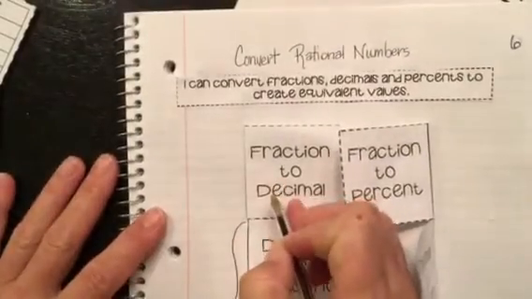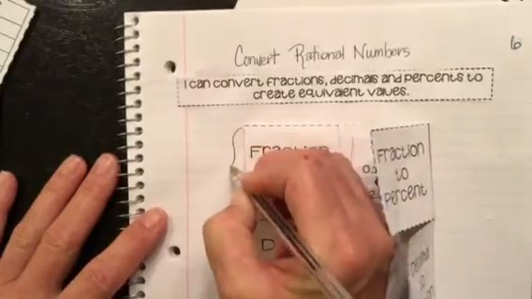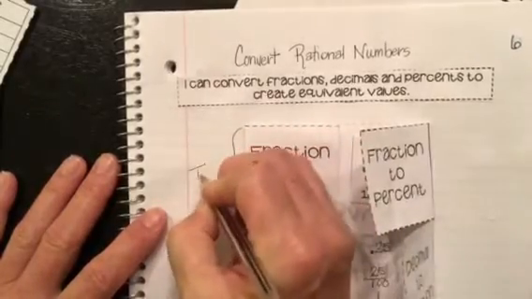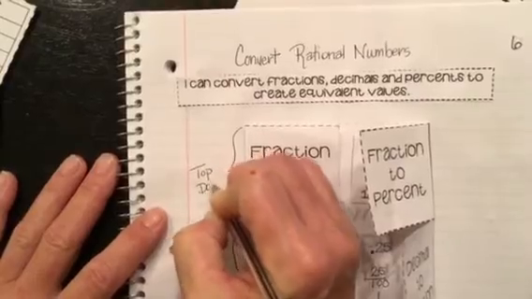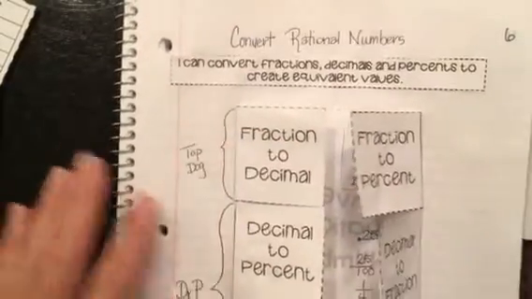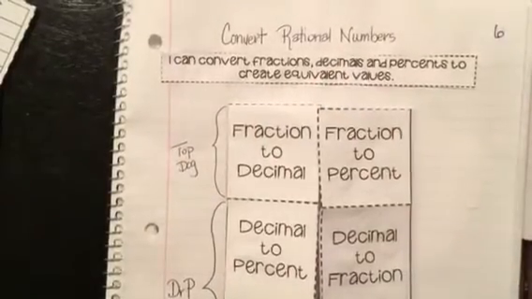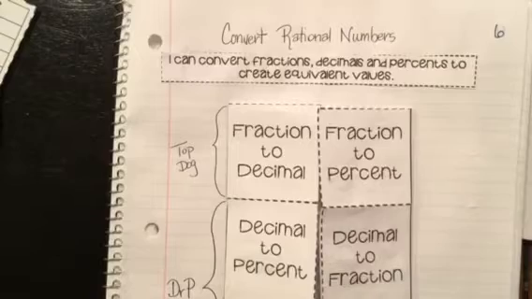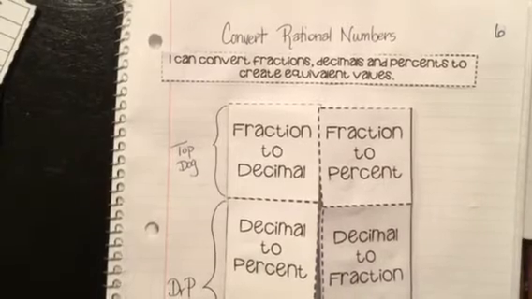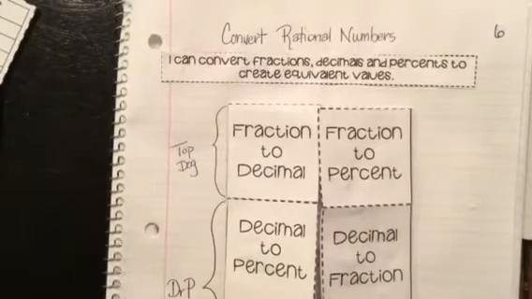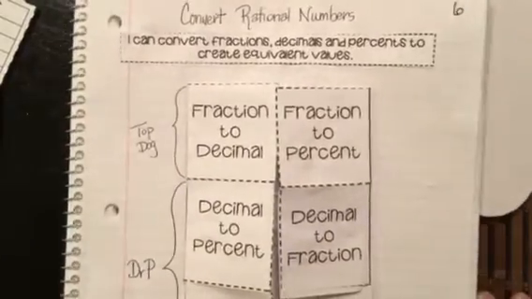All right, and the strategy that you learned here for fraction to decimal, you said it, top dog. The top dog gets the house, a bone, and 2 treats. It's just a quick way to remember that, especially when you're dividing and they don't work out evenly, you're going to have to put a decimal and add 2 zeros, because you're going to have to go into the tenths and the hundredths spot for place value.